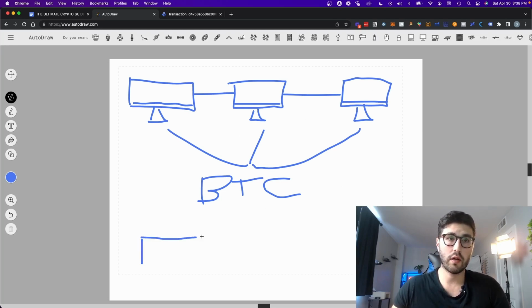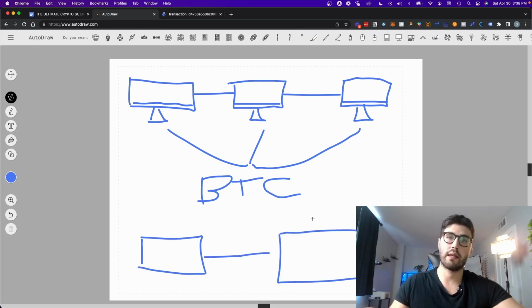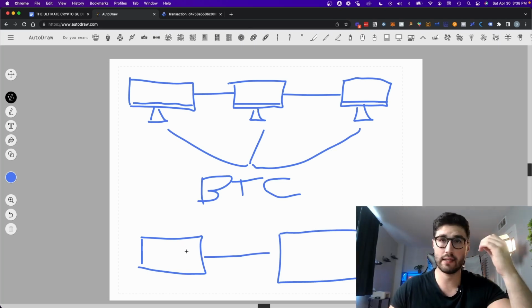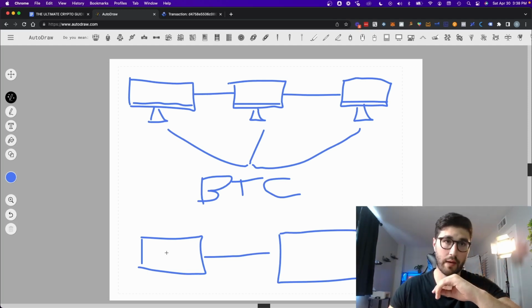Because to create the blocks that we previously discussed, especially in the Bitcoin network, something needs to happen, right? And it is a complex mathematical equation, okay?